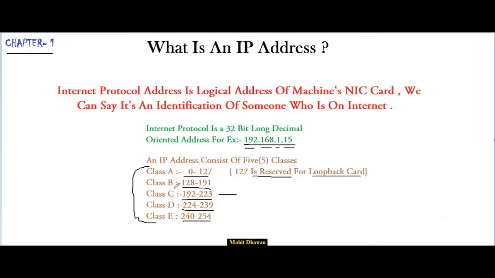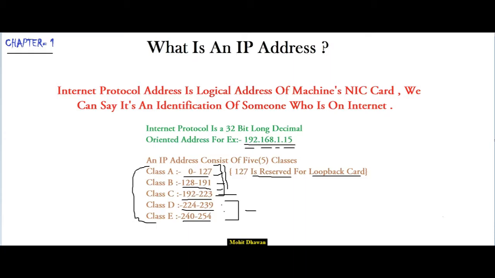This is because class C IP is used most, so this class is mostly used by ISPs. In networking we mainly use class A, class B and class C. Class D and class E are not used frequently because they are used in specialised networking processes.